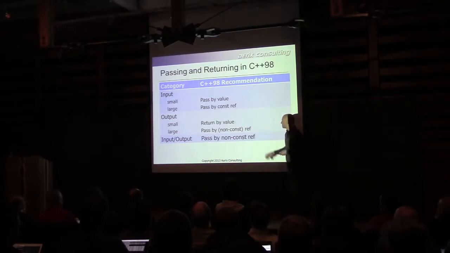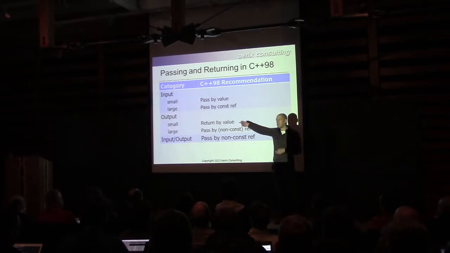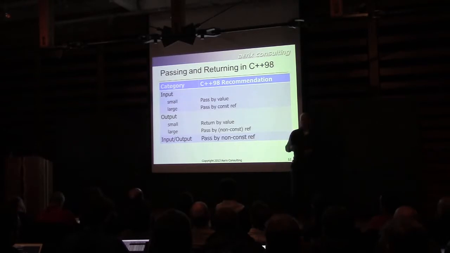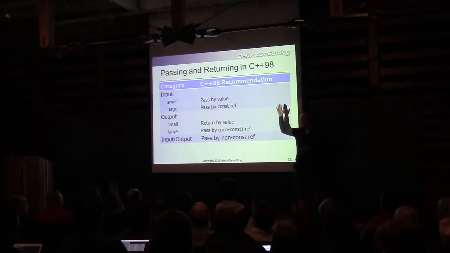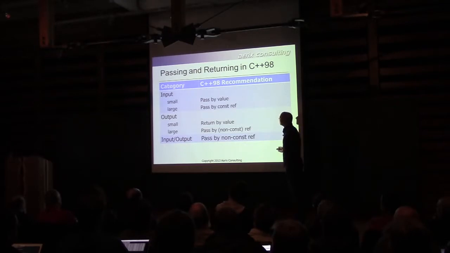If it's large, you'd probably pass it as an out parameter to the function by non-constref. And in-out parameters, you'd also probably pass by non-constref. So this is the best practice rule of thumb for C++98 function interfaces. Just about everybody has done this pretty much.